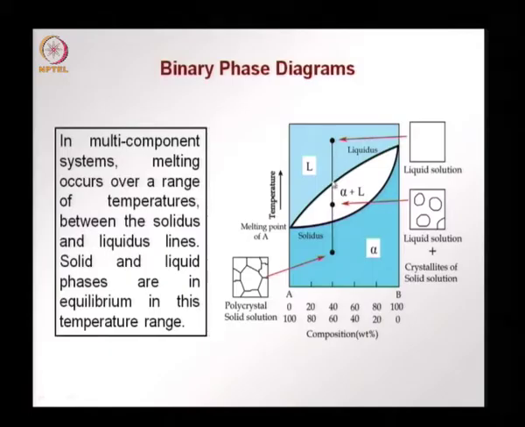Secondly, we have the solidification occurring over a range of temperatures, and later on we will see that this defines how the microstructure forms. As this solidification is occurring over a range of temperatures, we find that different types of microstructure can form depending on which regions are crossed during the solidification process.